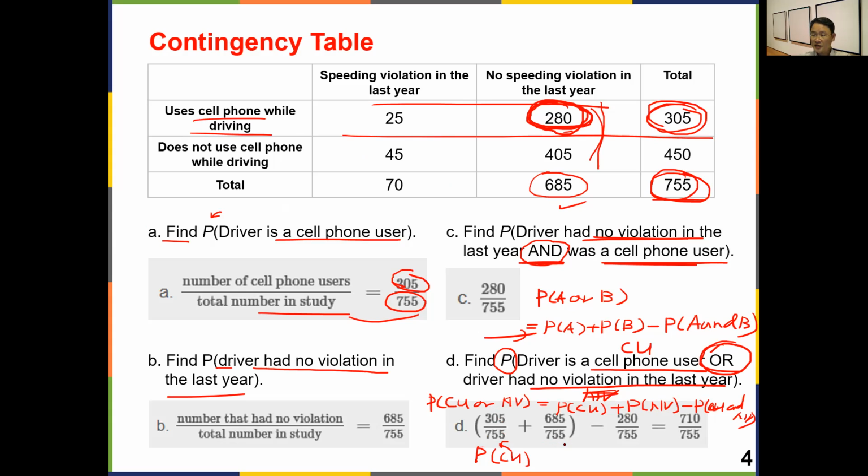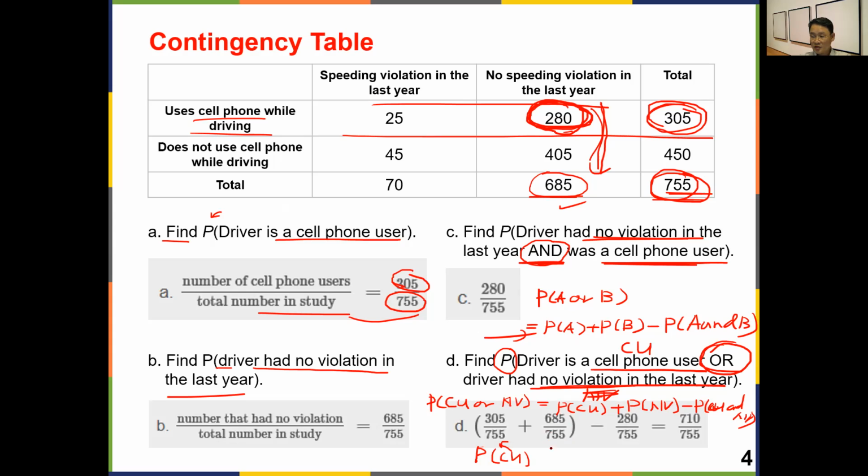What about the second one? That's the probability of no violation. How many of them didn't get any speed violation? Right here. So this would be 685 over 755.